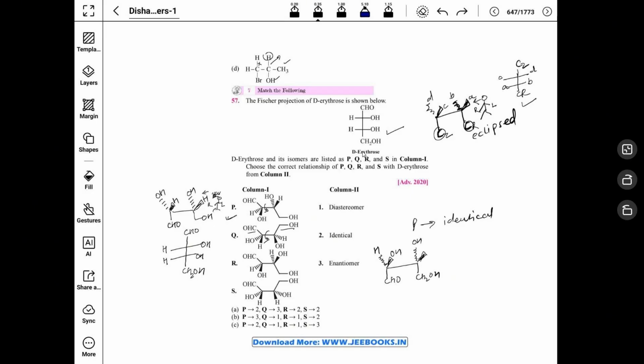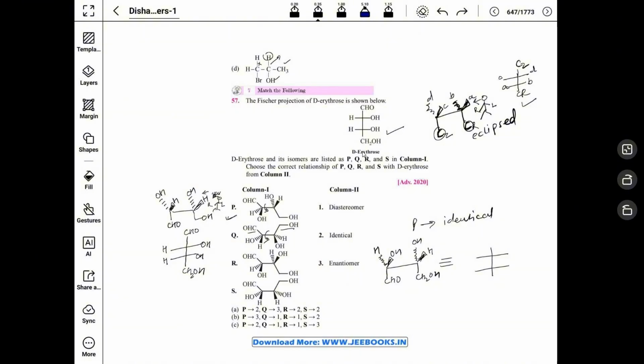Okay, let's verify again. When you give the rotation around this carbon-carbon bond, hydrogen is going away and OH is coming to your side, and in this CH2 case, OH is going away and hydrogen is coming to your side. Now you can draw its Fisher projection easily.